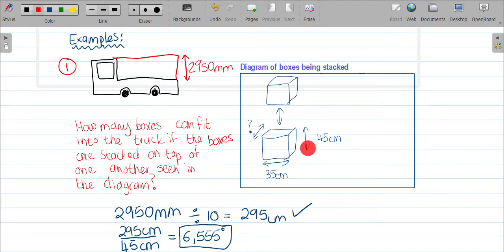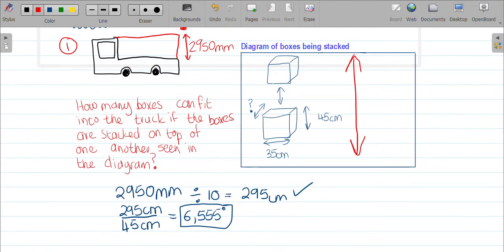We're not looking at how it's stacked this way, but how it's stacked this way. So think about it like this if you want. They're going to be stacked in a vertical dimension, which is the direction of the truck. So let's have a look and see how we actually put it into practice.